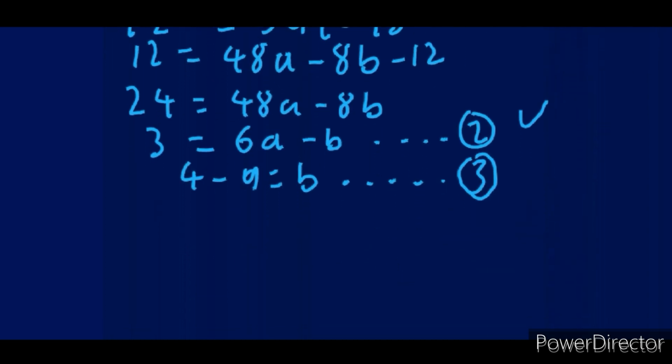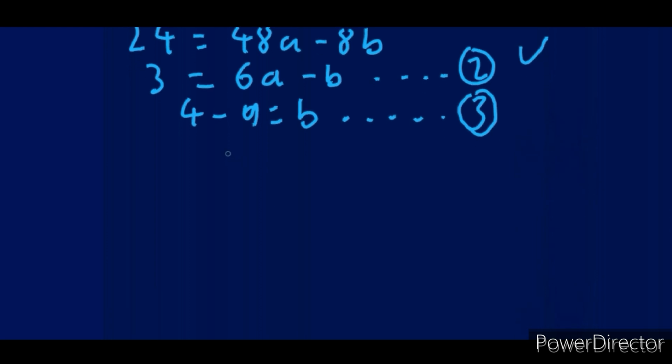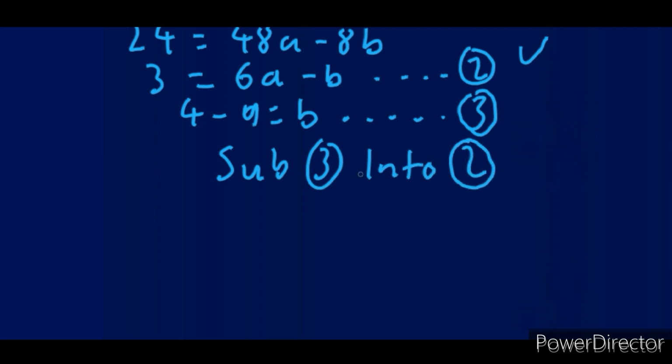So in equation 2, the unmanipulated one, I will substitute equation 3. Wherever I see b, I'm going to replace it with 4 minus a. So therefore, it's going to be 3 equals 6a minus, so instead of me writing b, I'm writing 4 minus a.